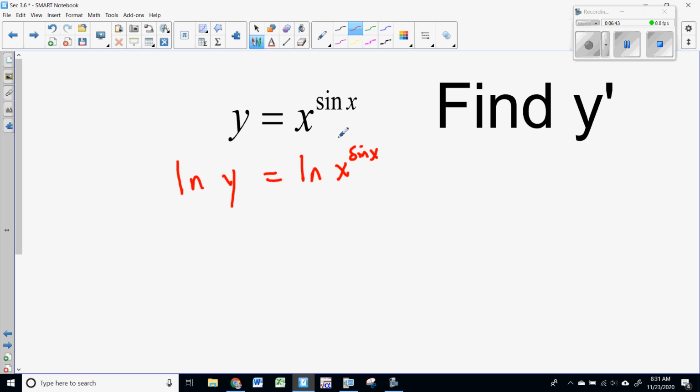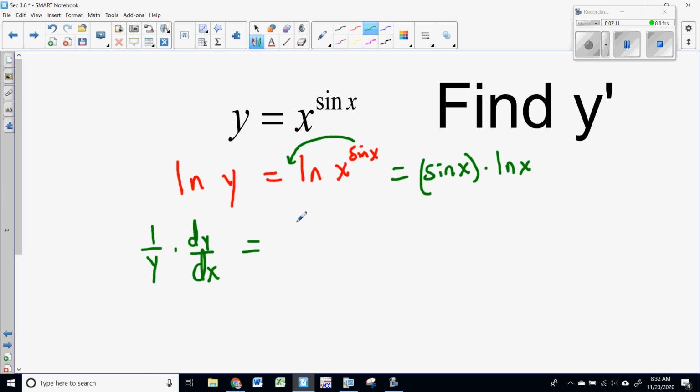By taking the natural log of both sides, it allows me to take this exponent and bring it down in front. So this becomes sine of x times natural log of x. Now, if I take the derivative of both sides, the derivative of natural log of y is 1 over y times dy/dx.